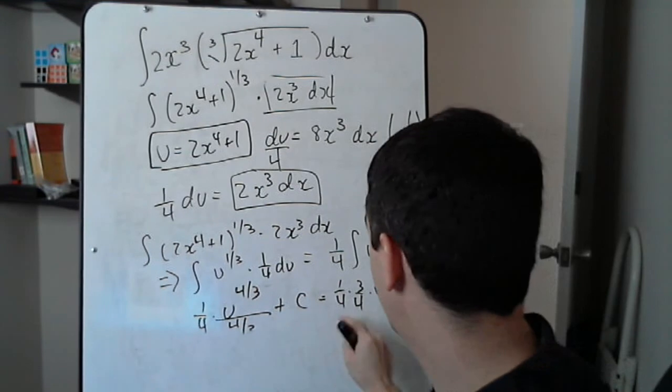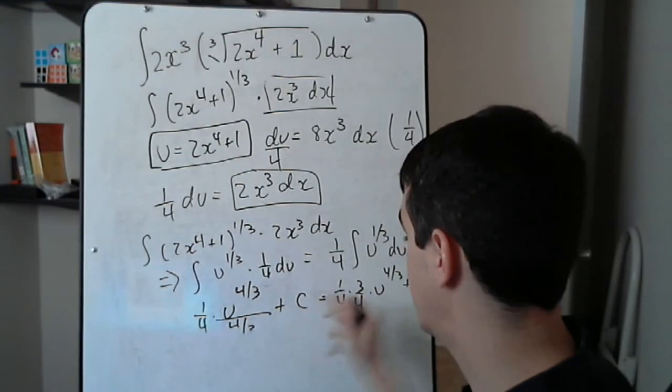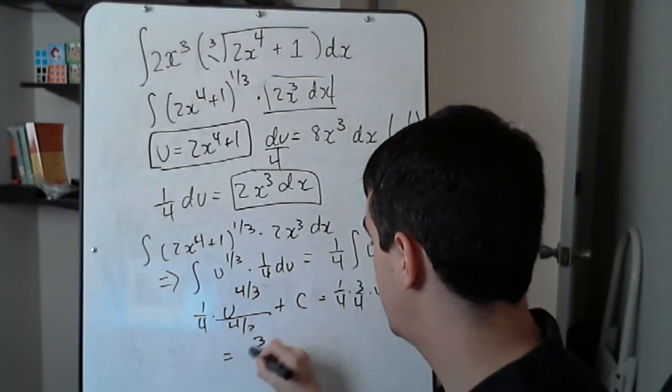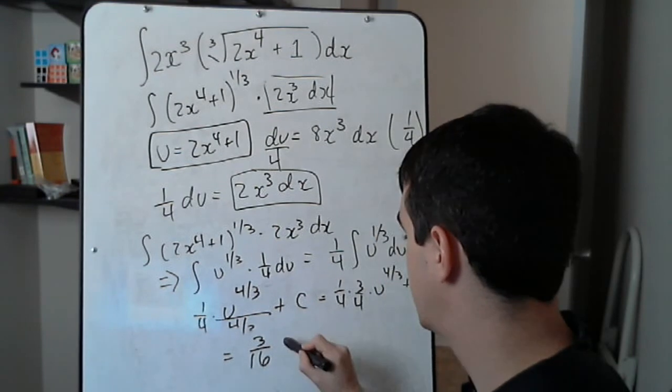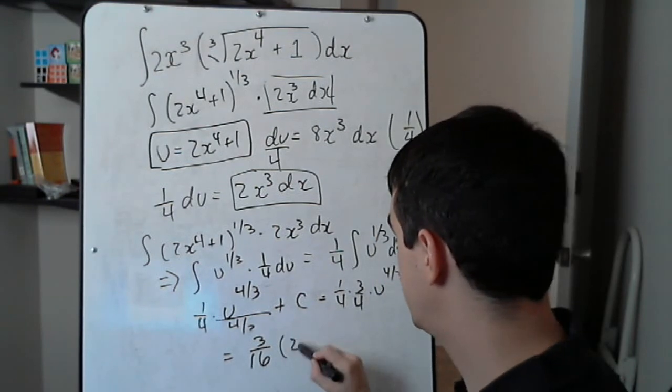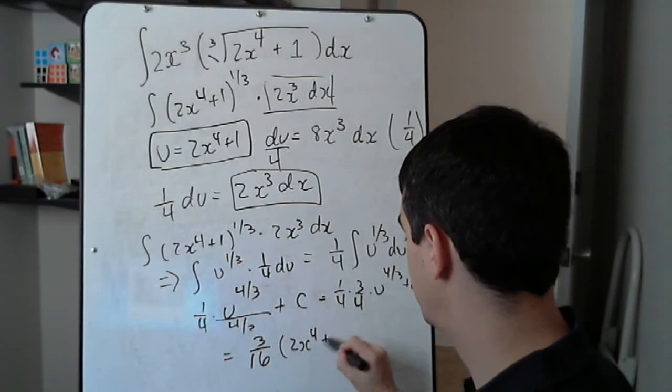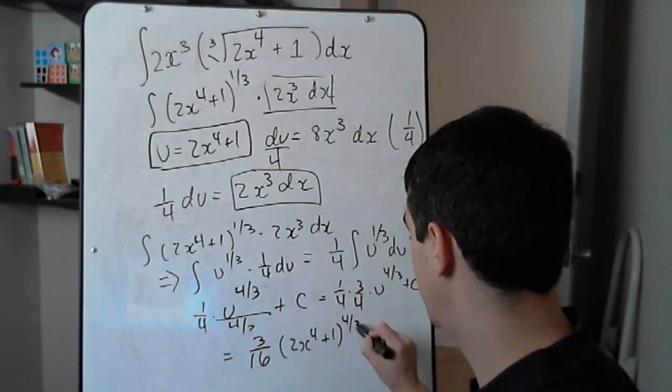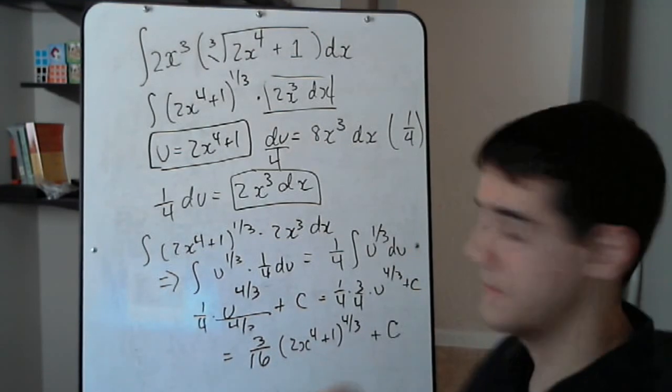So when you multiply everything out, this is 3/16 times 2x to the 4th plus 1, all raised to the 4/3, plus c.